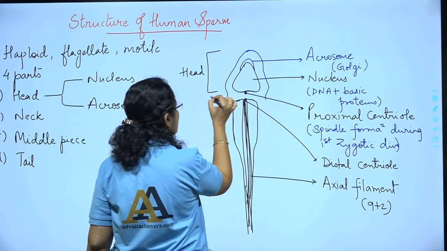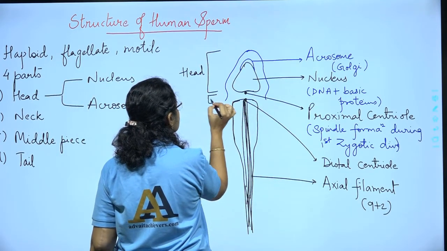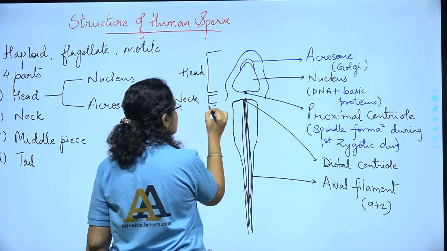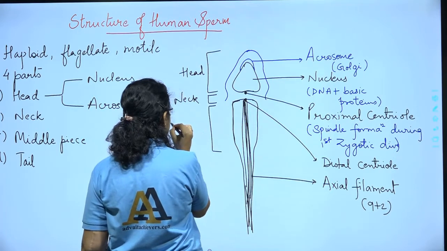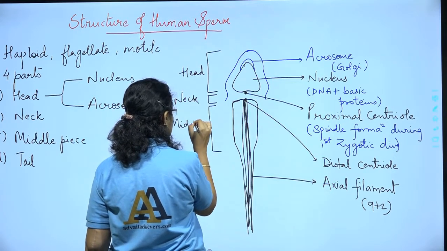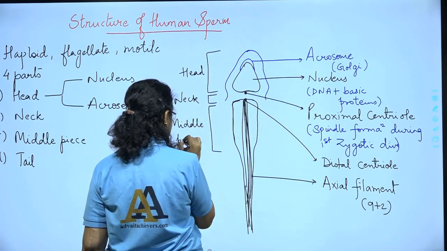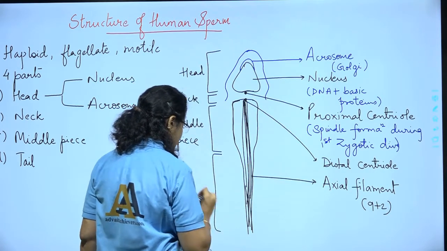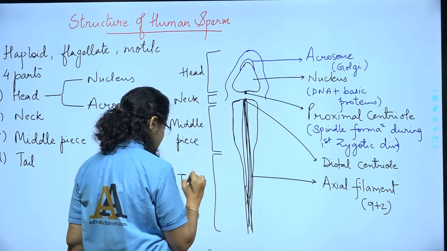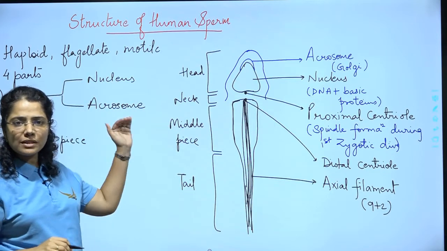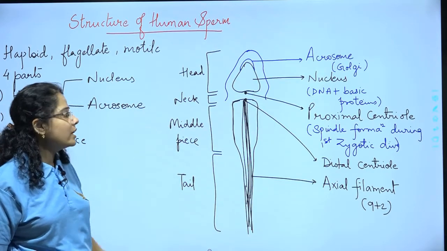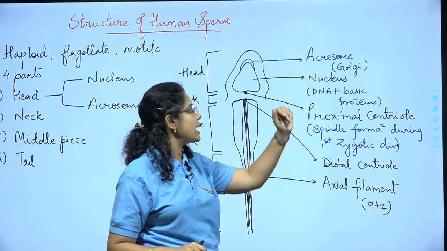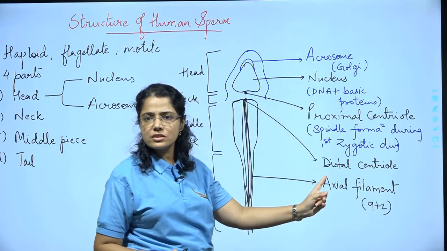So this very short portion makes the neck, which is usually not visible. Then this portion makes the middle piece, and from here it is the tail. Right? So the four parts are clear? Which things have we talked about? We talked about the nucleus, the acrosome, the proximal centriole, the distal centriole.